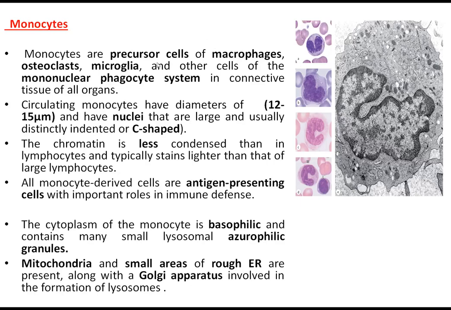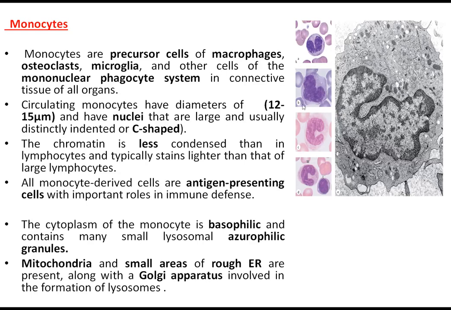The precursor of all these macrophages found in different organs is the monocyte. It is a monocyte in circulating blood, while when it migrates to the tissue, it is converted to a macrophage. If it is in bone, it is called an osteoclast. If the macrophage is in brain, it is called microglia.